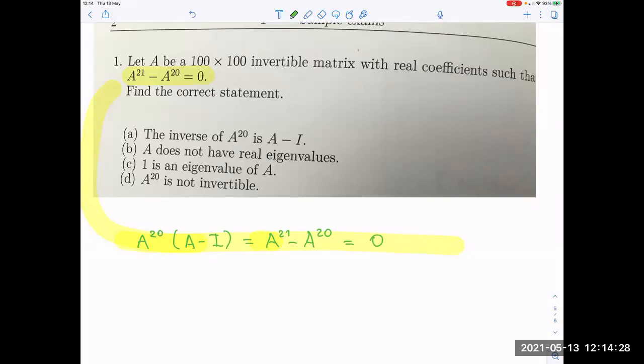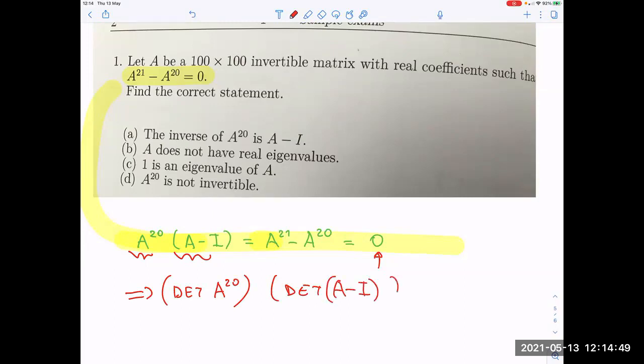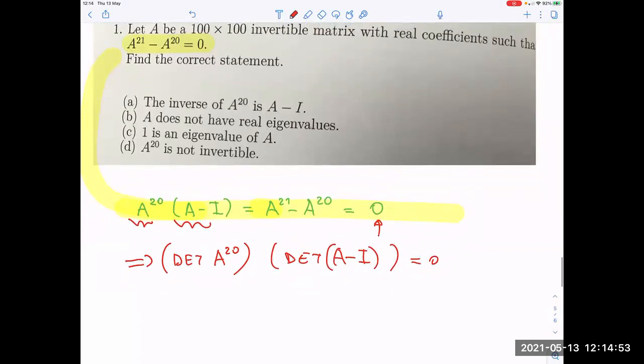So this means that the zero matrix is a product of these two matrices, which means that the determinant of A20 times the determinant of A minus 1 must be equal to 0. So what is this saying?